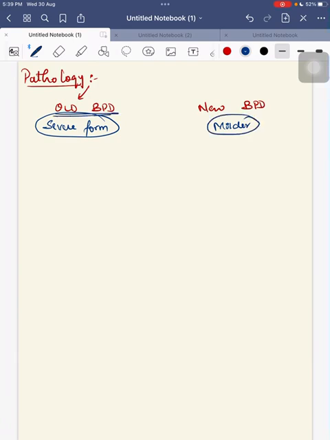So here, when the child has received aggressive ventilation and has been exposed to a high FiO2 concentration, this will lead to morphological changes in the lung. So what are its morphological changes?